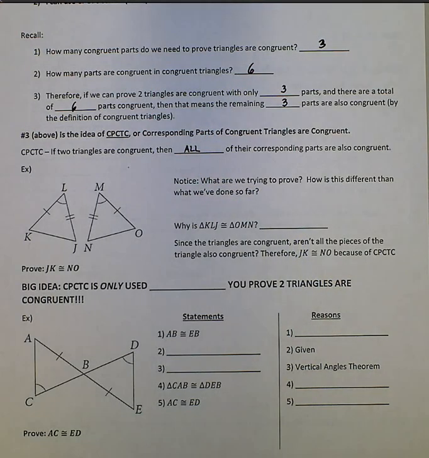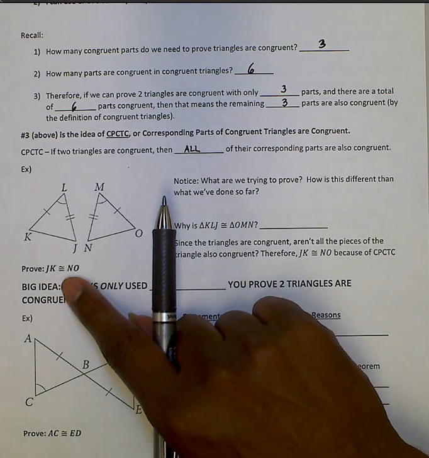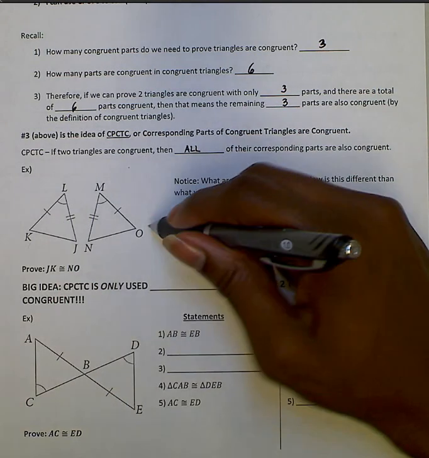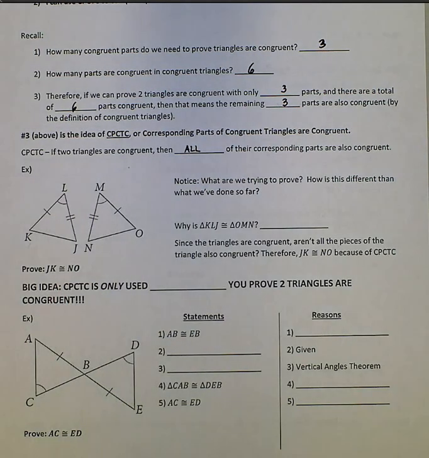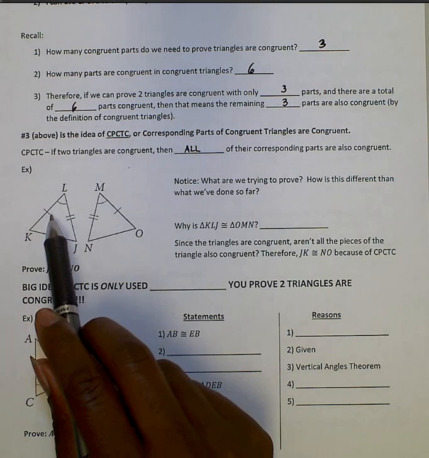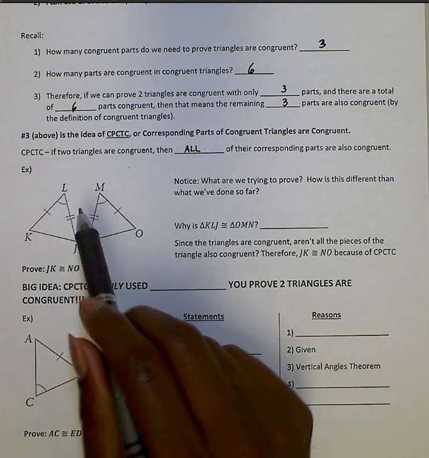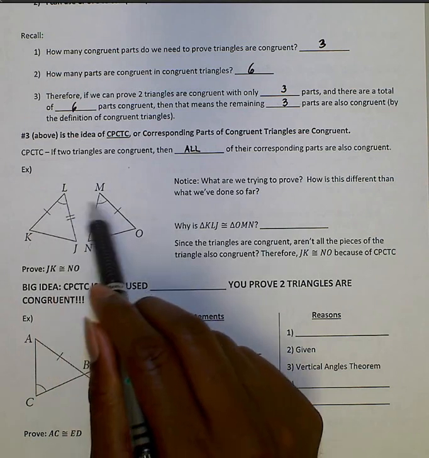Okay, so notice, we're jumping straight into an example here. Notice what we're trying to prove here. I want you to prove that JK is congruent to NO. Okay, it's not marked for us. Now, this is already proven out for us, so we see we have LK congruent to MO, MN congruent to LJ, and then we have this included angle congruent.